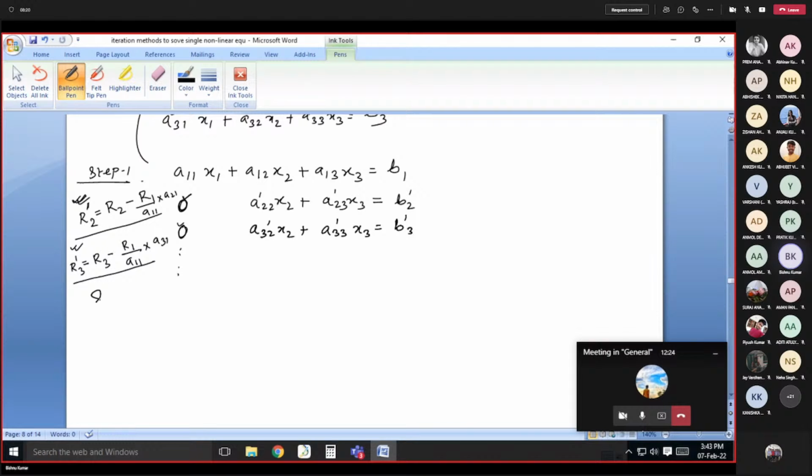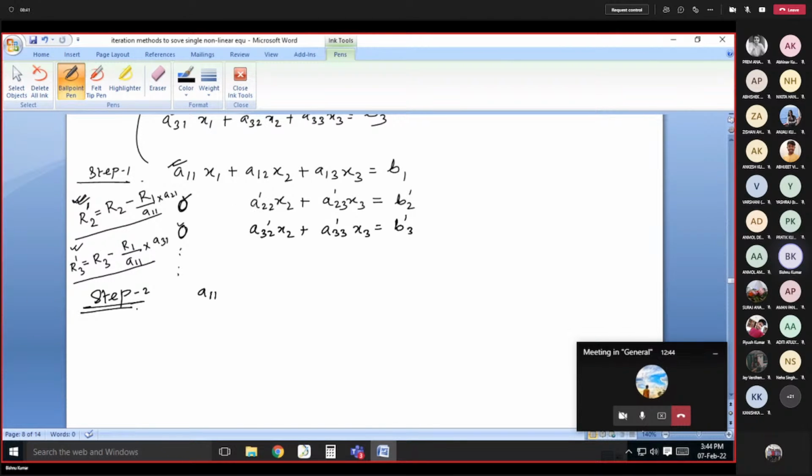In step 2, up to the second equation is unchanged. So in the first step, the first equation is unchanged, no problem. In step 2, the first equation is unchanged as well as the second equation.